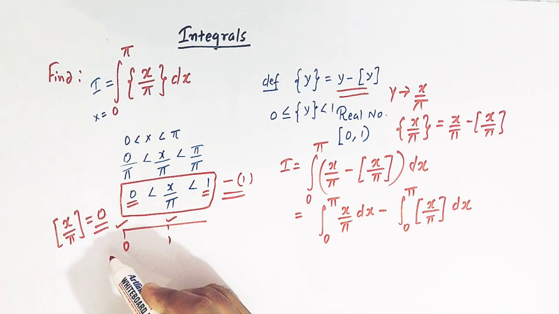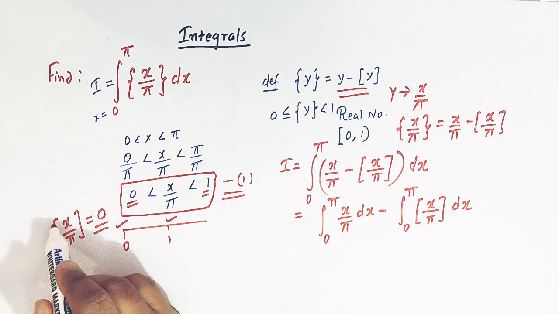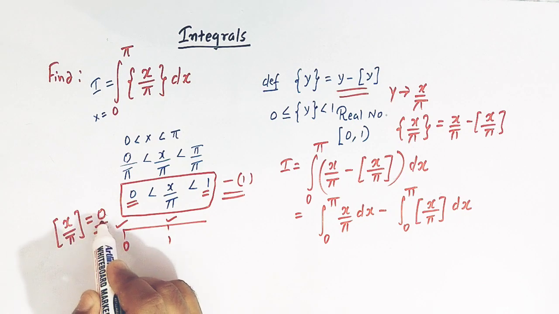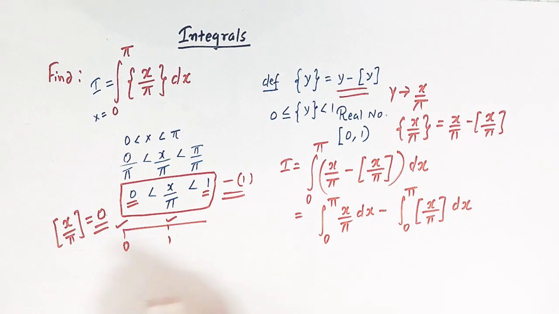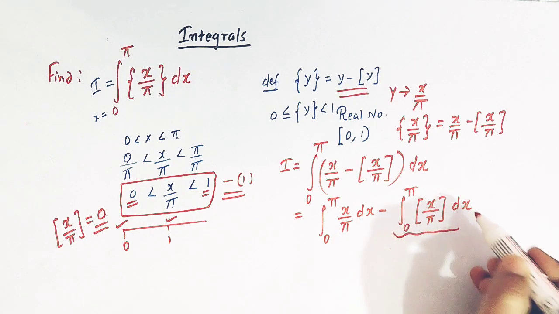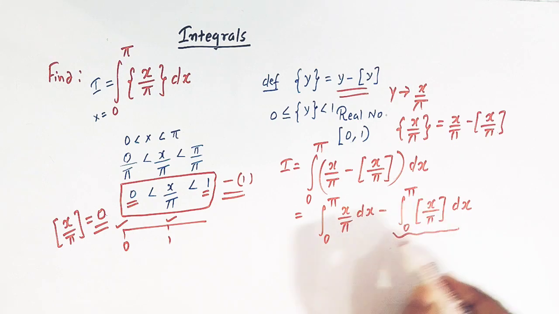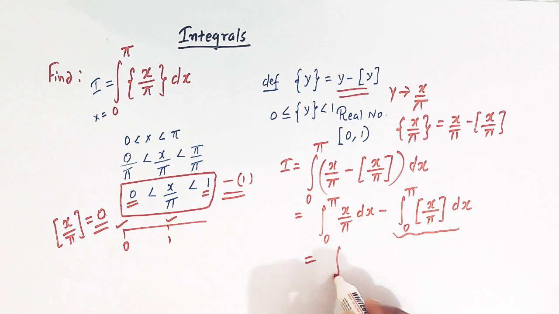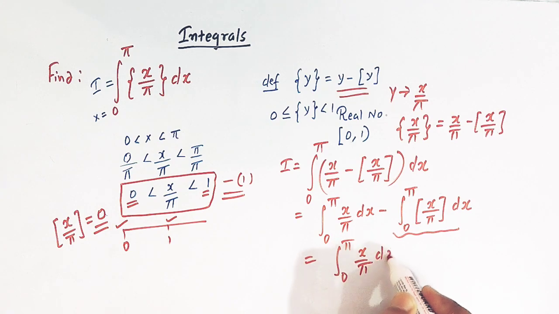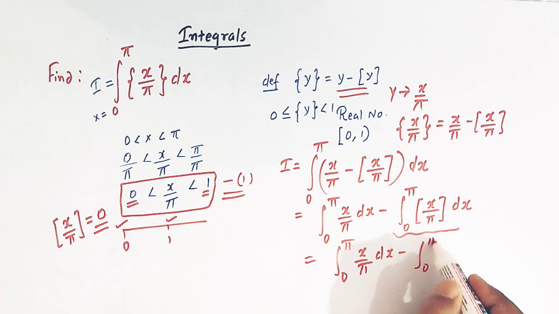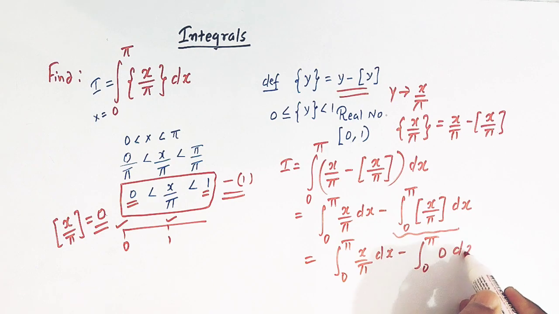So this integral disappears here because the greatest integer of x over pi is 0. Now we are left with only this integral, where we have the integral from 0 to pi of 0 dx.